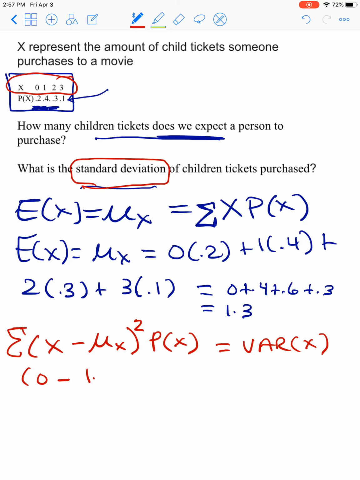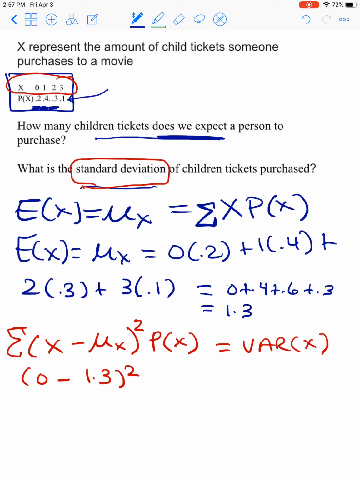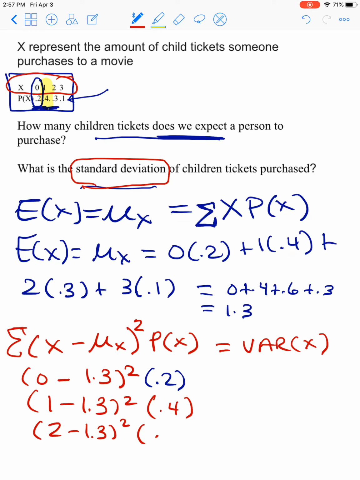0 minus 1.3 squared, and then we go back and we take a look at what the probability is for 0, which is 0.2. We do this again with the next number, which is 1. 1 minus 1.3 squared times, I'll highlight it this time, 0.4. We do it again, 2 minus 1.3 squared times 0.3, and then 3 minus 1.3 squared times 0.1.